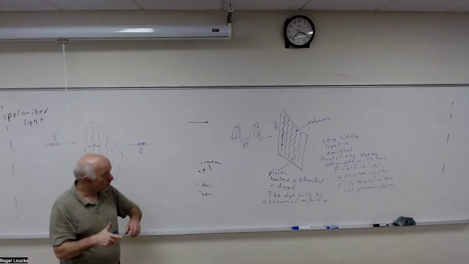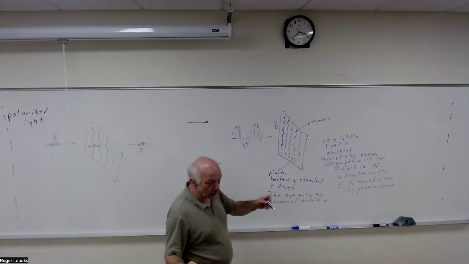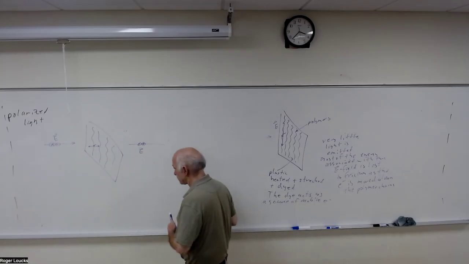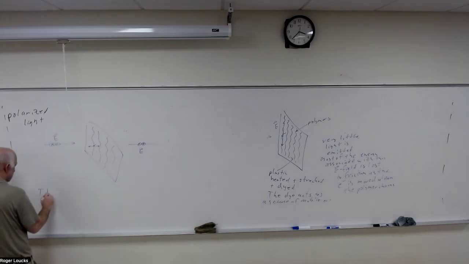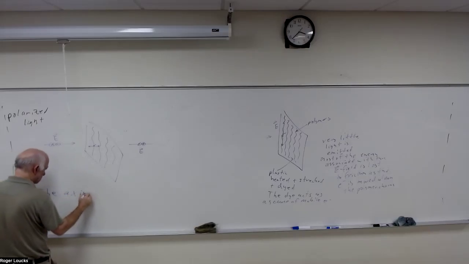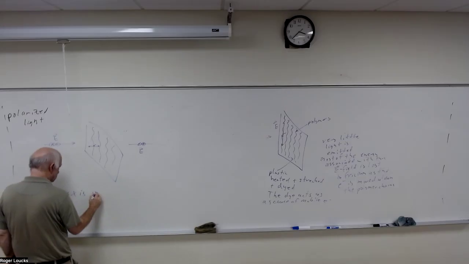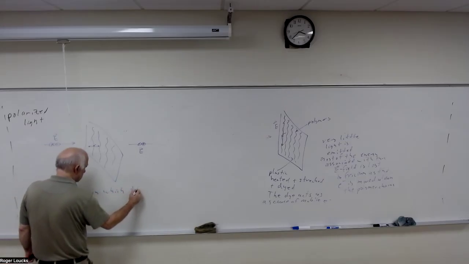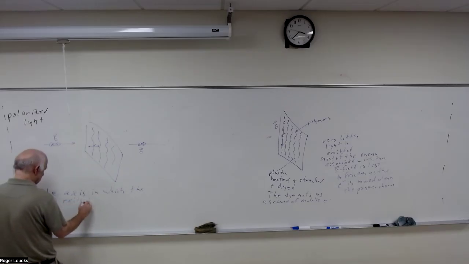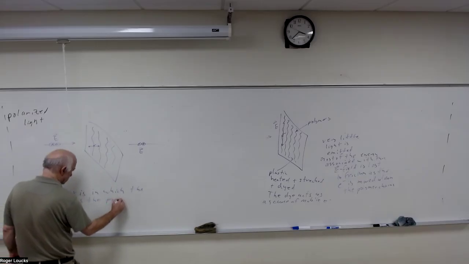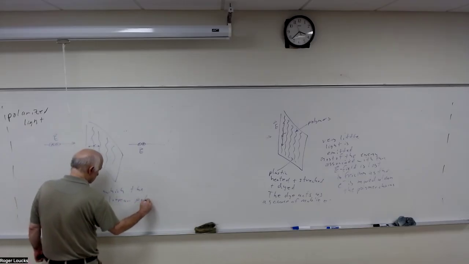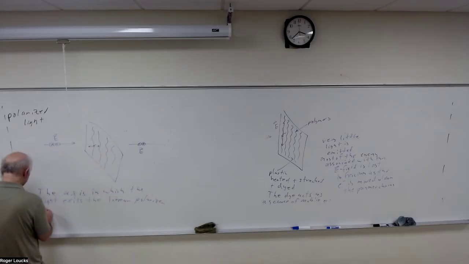The angle at which the light comes out is called the transmission axis. Let's say the axis in which the light exits the polarizer, a linear polarizer, is called the transmission axis.